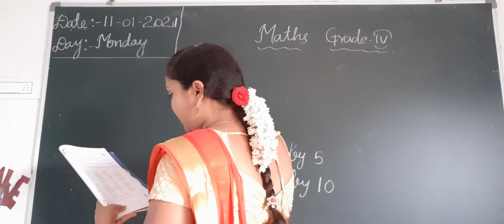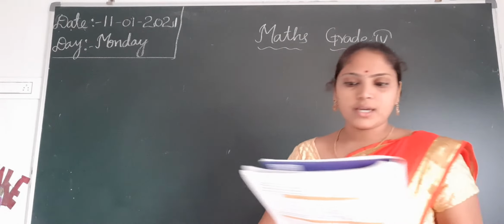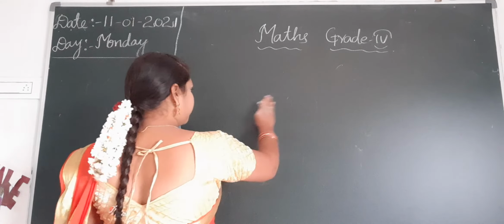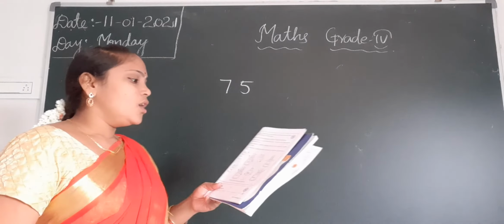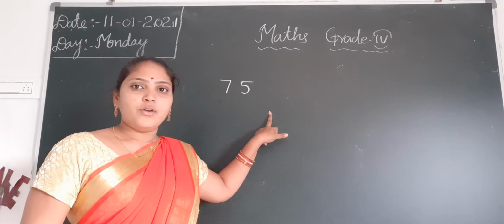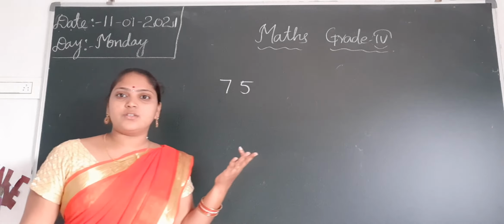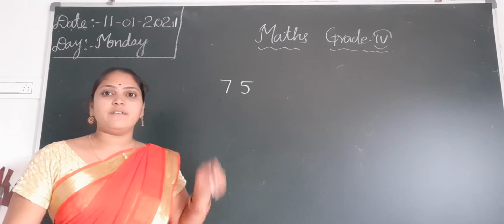I will explain another one and remind you how to do the homework, children. Now observe the third one, 75. Let us check. Is 75 divisible by 2? No. Why? Because 75 is ending with 5, which means it is not divisible by 2. But is it divisible by 5?